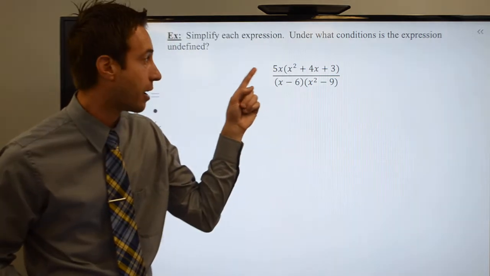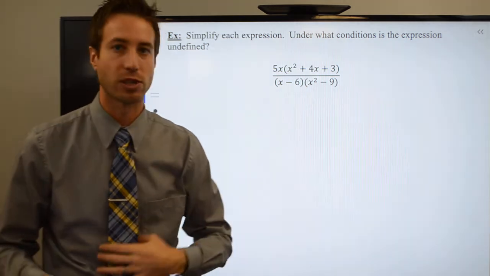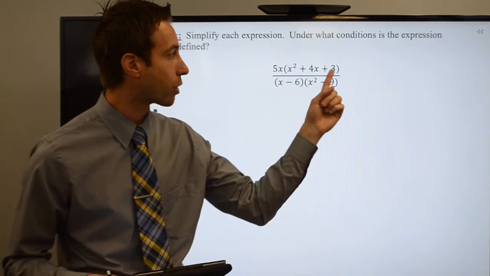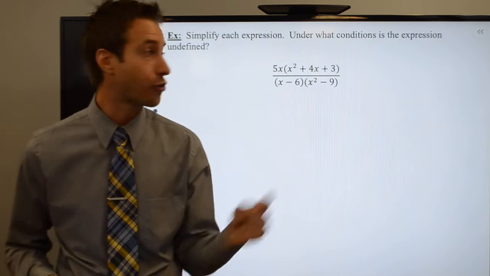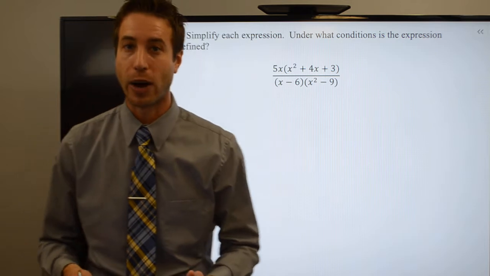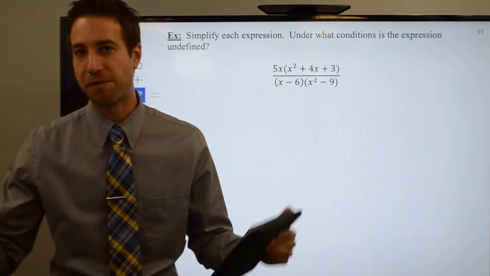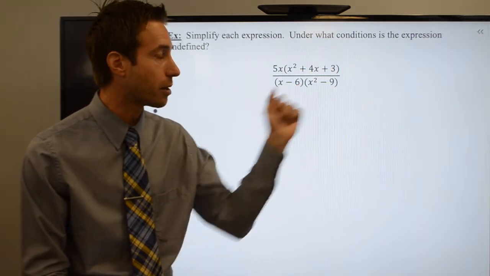In the numerator, 5x times the quantity x squared plus 4x plus 3. You should hopefully immediately recognize x squared plus 4x plus 3 as a quadratic expression. It is quadratic because the x is squared. So that takes me back to chapter 4. I've got a number of factoring methods, but right away I recognize it's a trinomial, a 3-term polynomial.